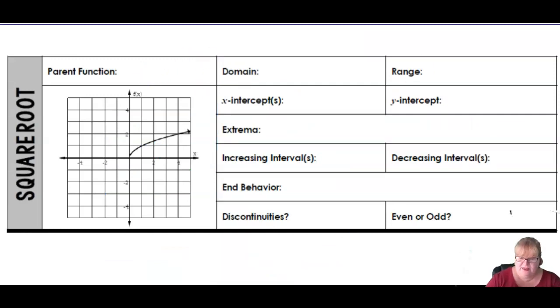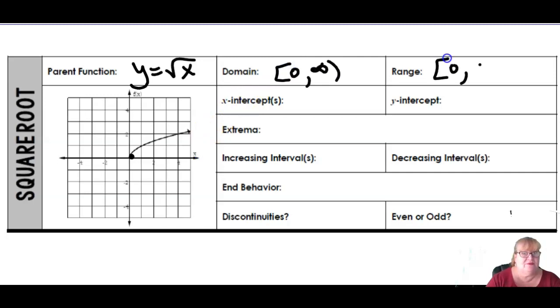So this is a square root function. Because it's starting here and going this way, it is only x values that are positive. We can only put in positive numbers and we will only get out positive numbers. It does go through 0, 0.